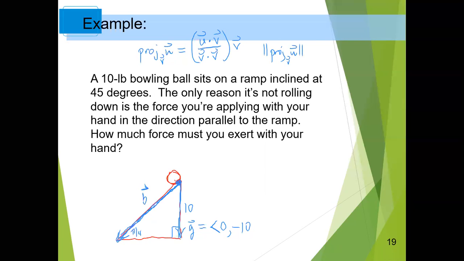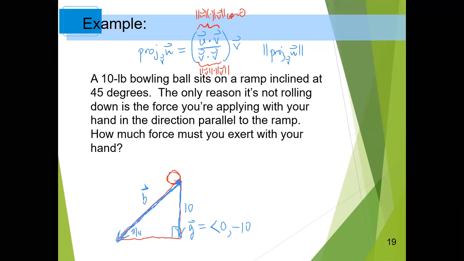Bear in mind that U dotted with V is just the length of U times the length of V times cosine of the angle between. And V dotted with V is just the length of V times the length of V, the length of V squared.